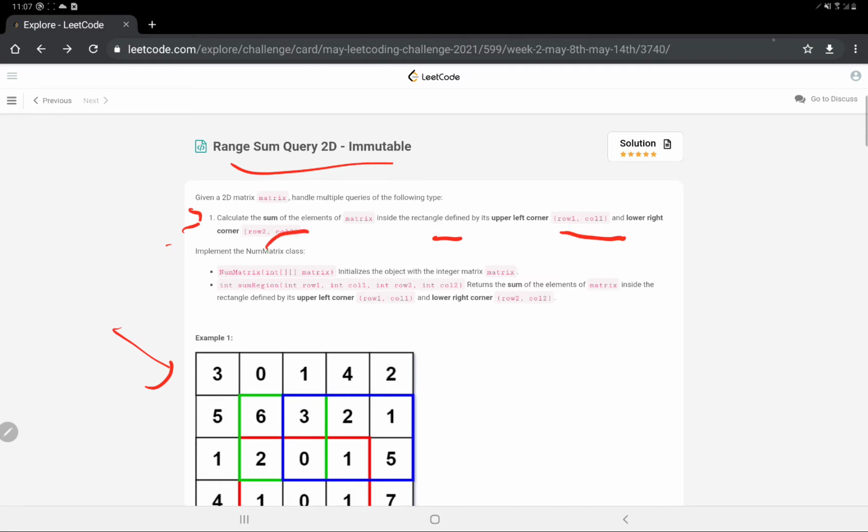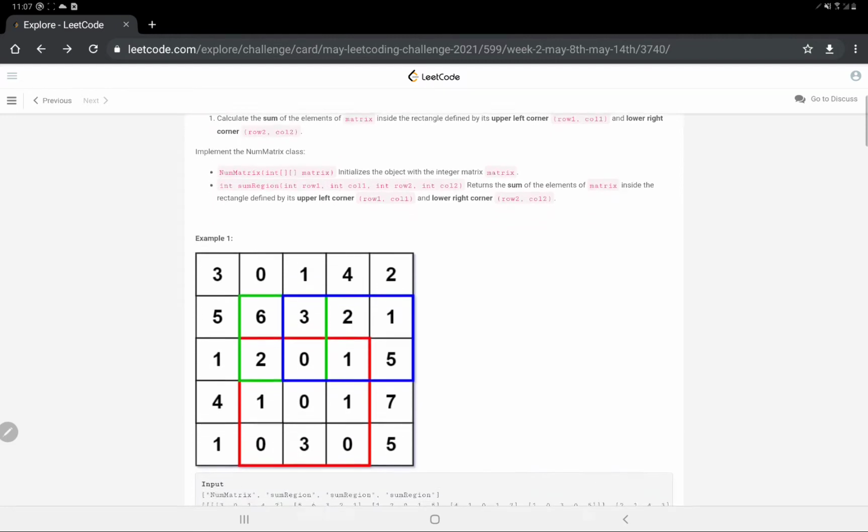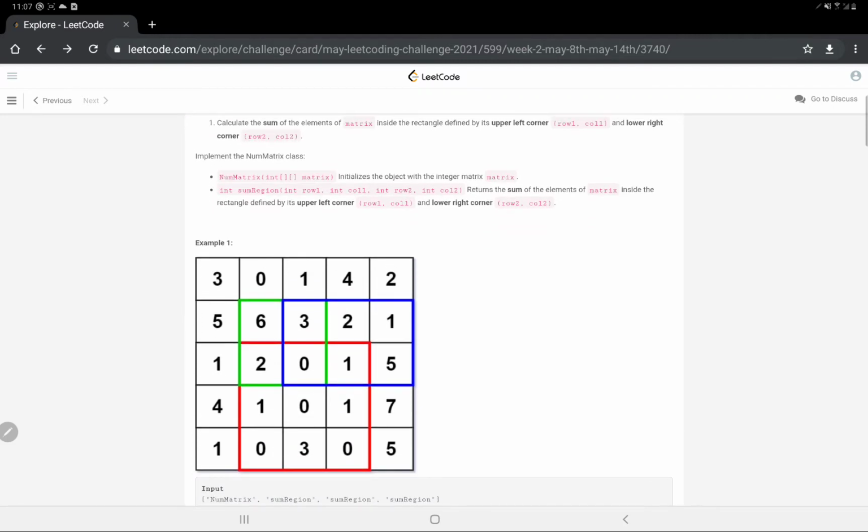So what does the question statement say? First of all, there will be a 2D matrix given to us like this, and we will be given some coordinates of this point as well as this point. Enclosing those, the matrix formed would be the matrix for which we have to calculate the sum.